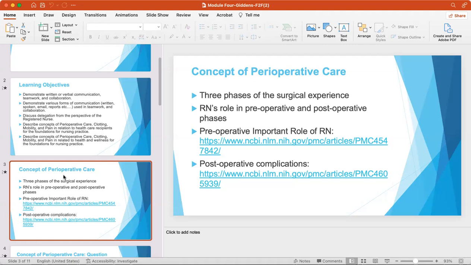There is a good table in this article, table 1, that will help you with that. Delirium is also very important to understand during post-op because of what the client takes during anesthesia, such as anesthesia medications and opioids. All of that can cause delirium in our clients.